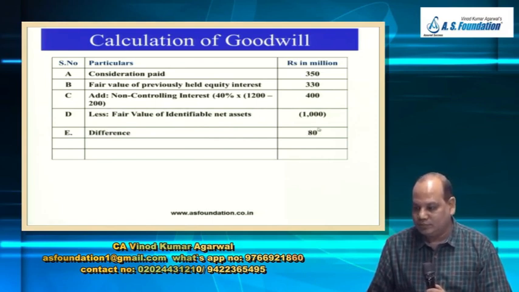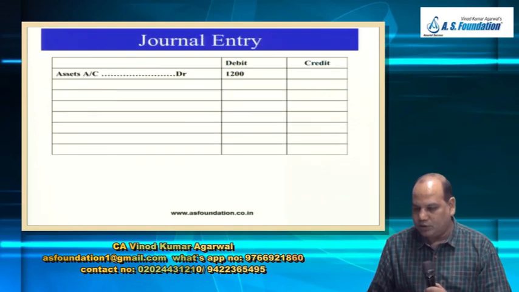Difference 80, and you have to also write down add deferred tax liability, 40. Therefore goodwill 120. Therefore goodwill 120. Now write down journal entry.